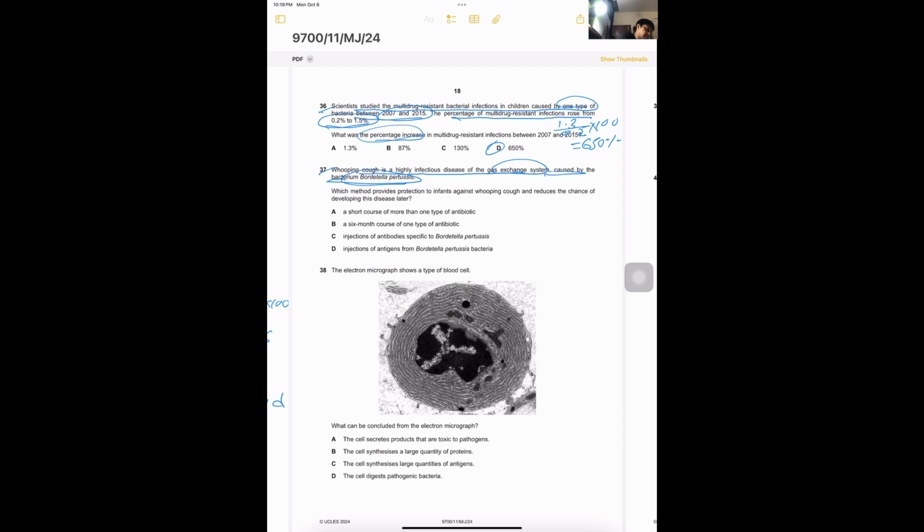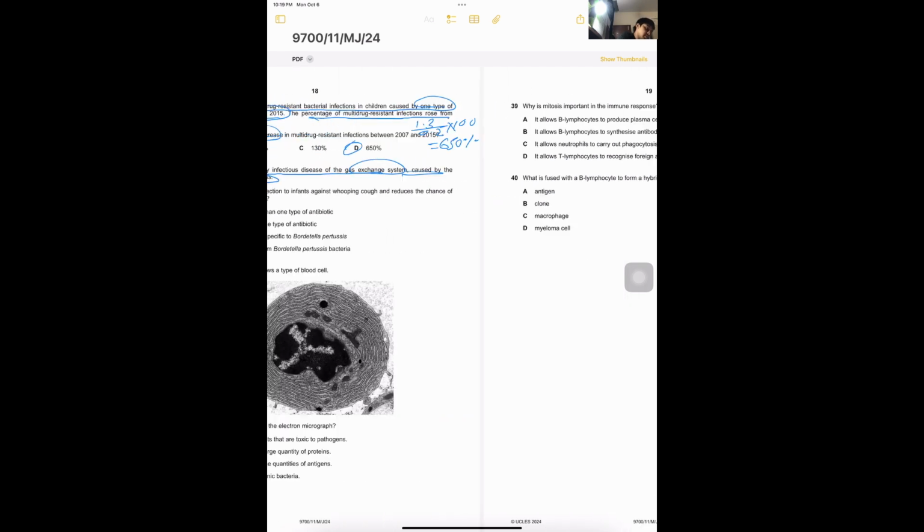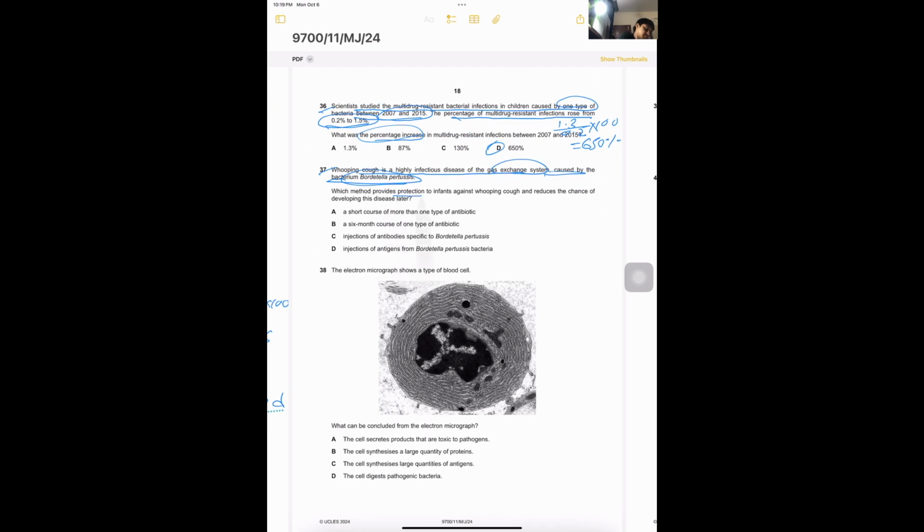Whooping cough is a highly infectious disease of the gas exchange system caused by the bacteria Bordetella pertussis. Which method provides protection to infants against whooping cough and reduces the chance of developing the disease? A short-term course of more than one type of antibiotic. This would be effective after the disease occurs. A 6-month course of one type of antibiotic. Again, this would be after the disease occurs.